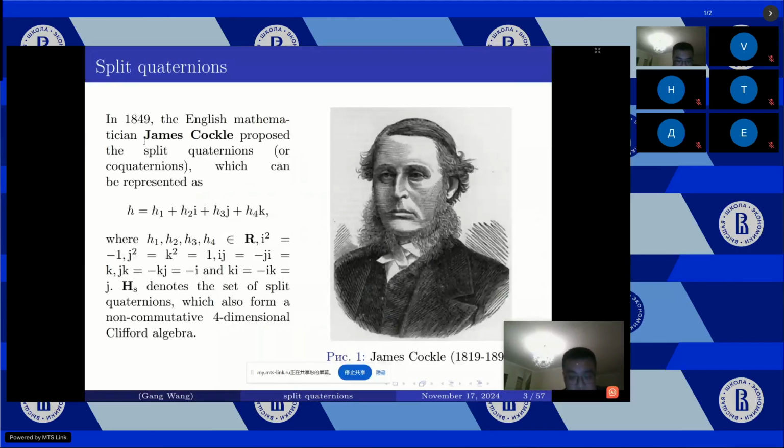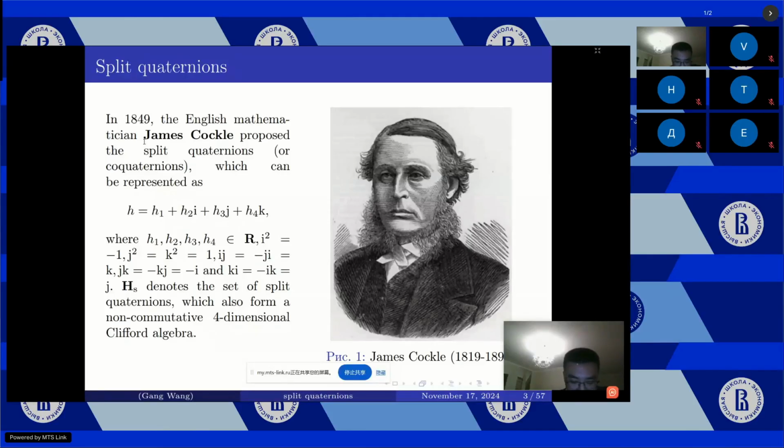First, let's introduce the definition of the split-quaternion algebra. In 1843, William Rowan Hamilton first introduced the concept of quaternions. After his work, in 1849, James Cockle proposed the split quaternions.